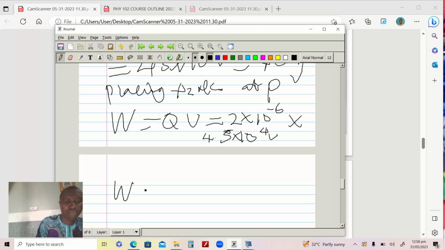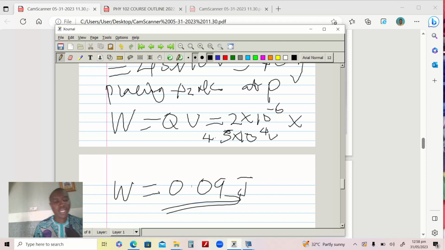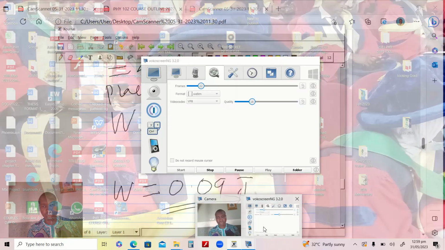So our work done is going to be equal to 0.09 joule. That's our work done. So that's the answer for that question.